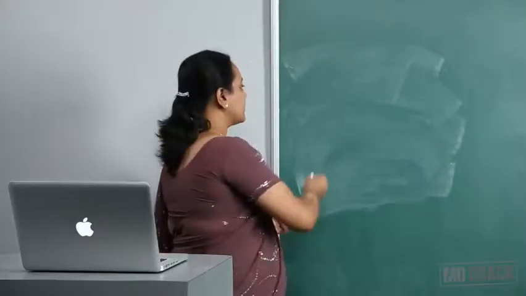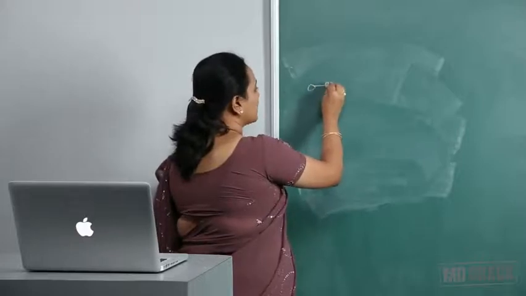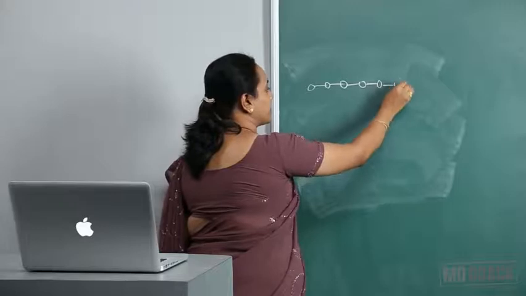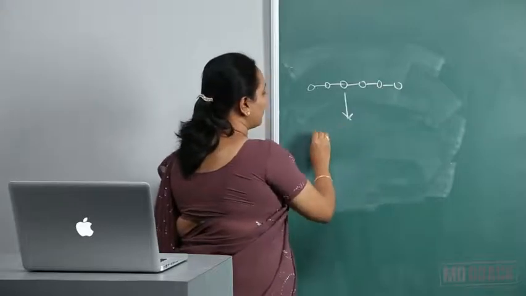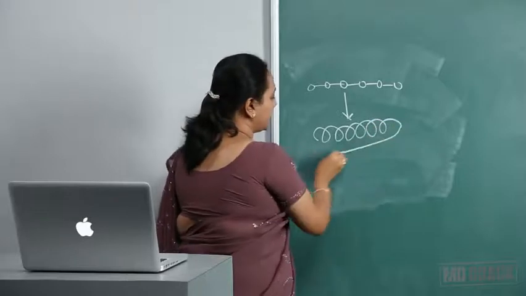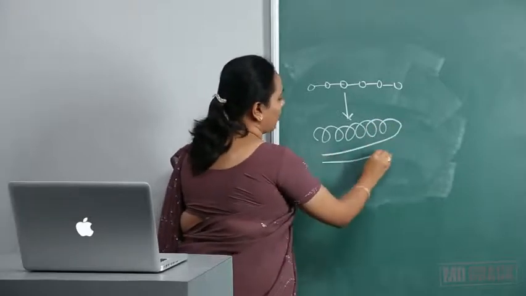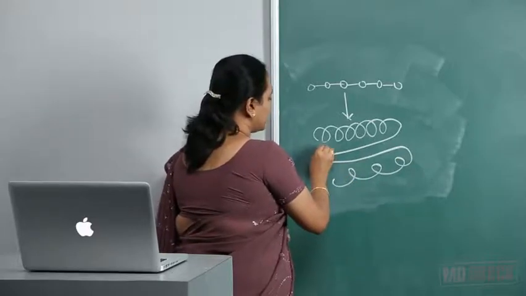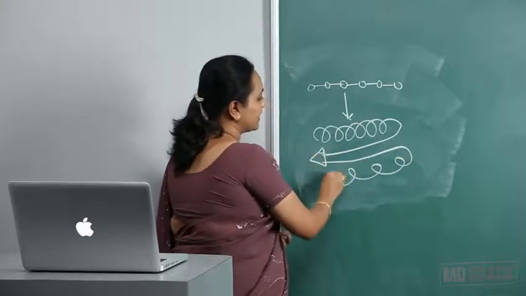Primary refers to the number of amino acids and the sequence of amino acids in a polypeptide chain. This will form different structures, maybe like an alpha helix or a beta pleated sheet or a combination of both. This will be the secondary structure.